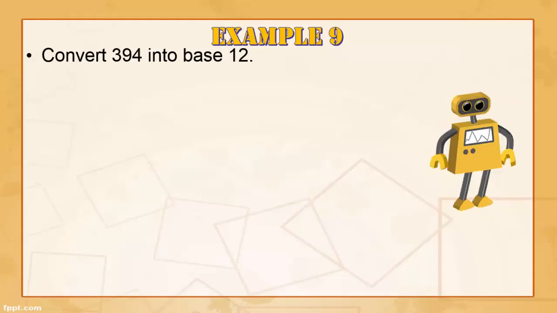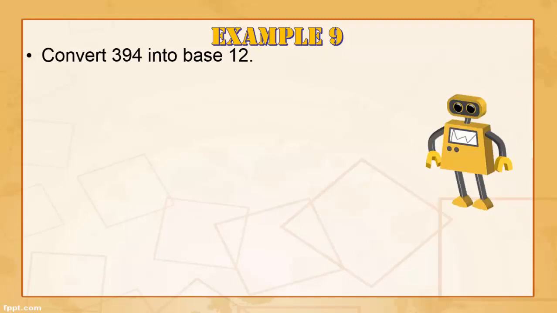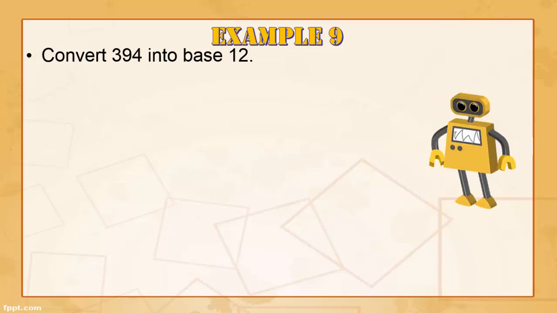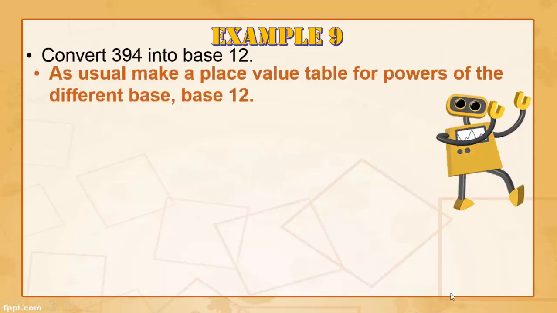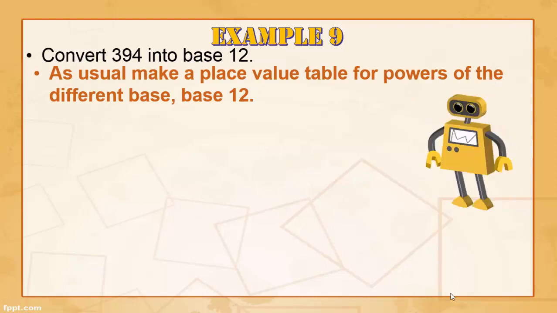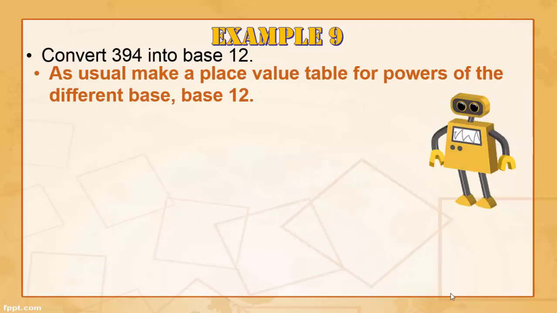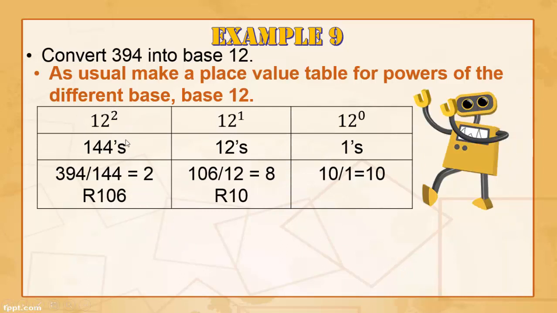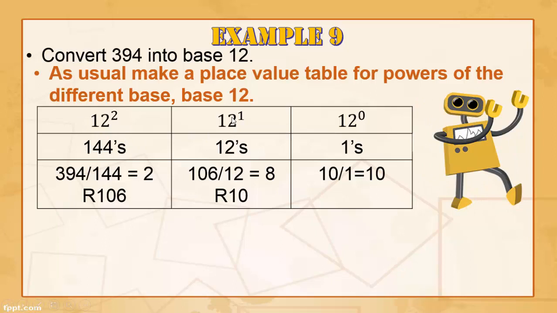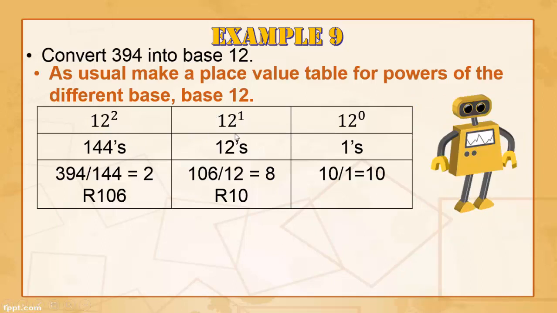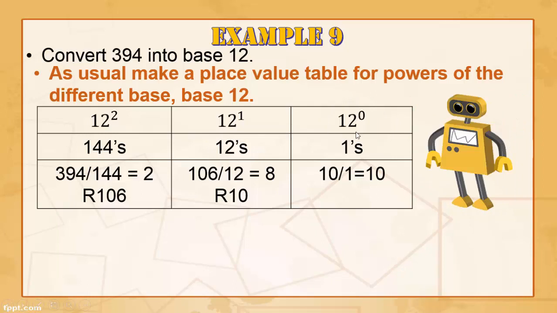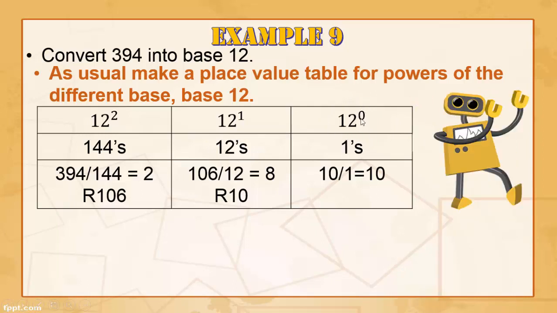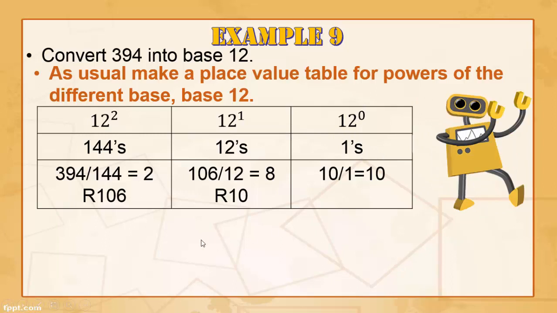Let's review what we just did on the whiteboard when we converted 394 into base 12. As usual, we make a place value table for the powers of the different bases. In this case, it's base 12. So here's our table, and we have 12 squared, which is the 144 column, 12 to the first power, which is the 12's place, and 12 to the 0, which, as I mentioned, is always the 1's.